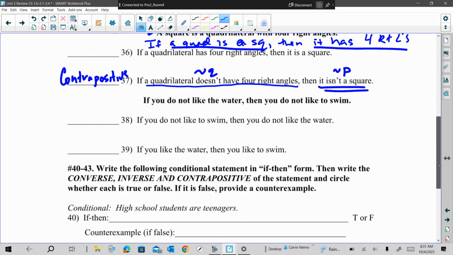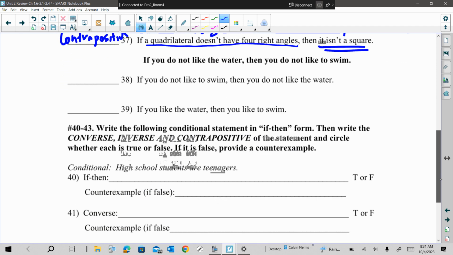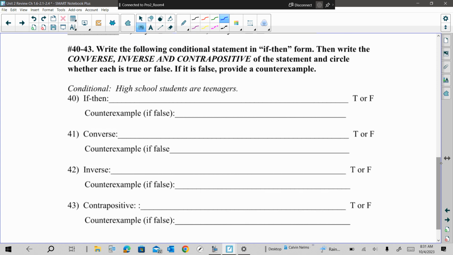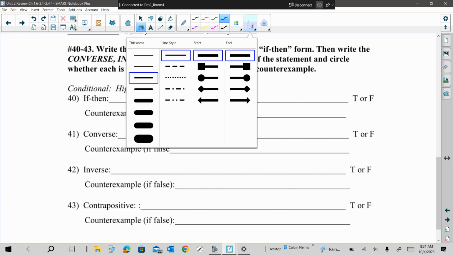All right, so it's already going to be written for you, but sometimes you will need to write it. So the conditional: high school students are teenagers. The first thing we have to do is put this in an if-then form.